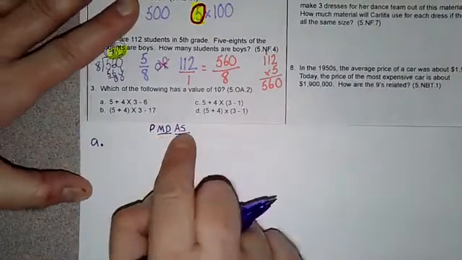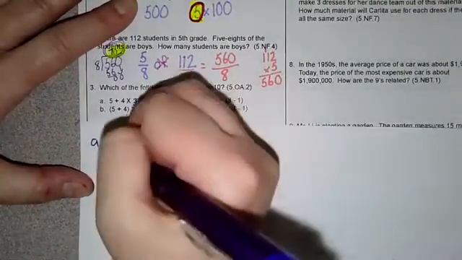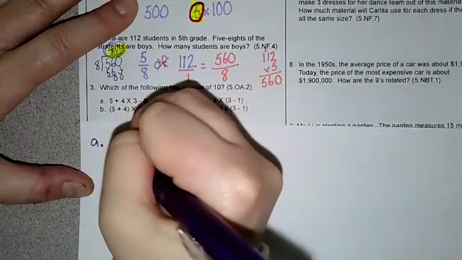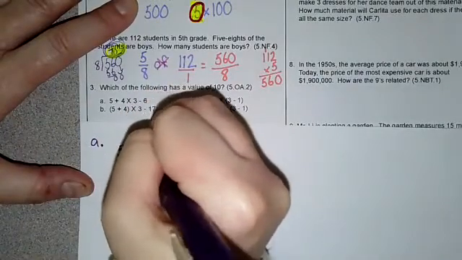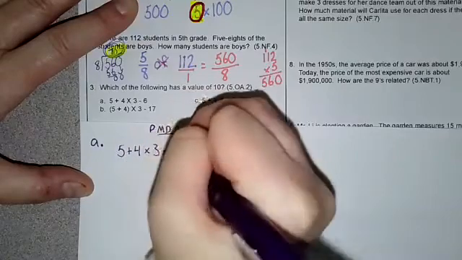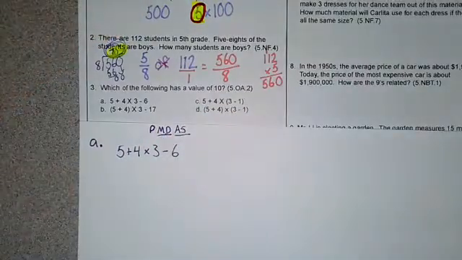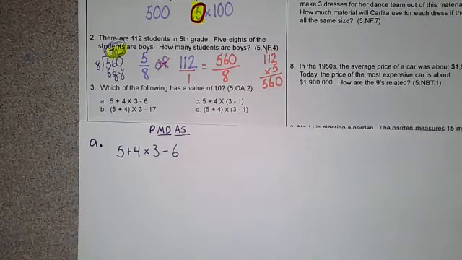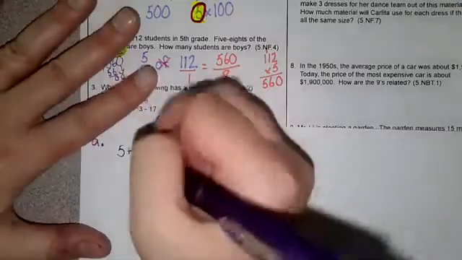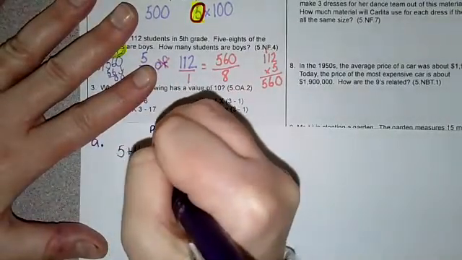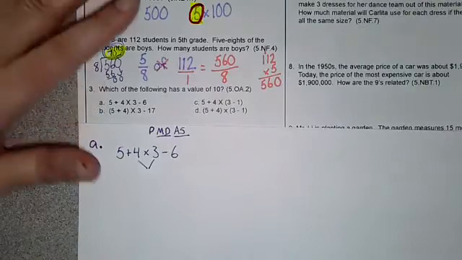So let's start with the first one. I've got 5 plus 4 times 3 minus 6. Wyatt, if I'm looking at this problem, what do I do first? The addition, the multiplication, or the subtraction? Very good. Do this multiplication first. Levante, what's 4 times 3?